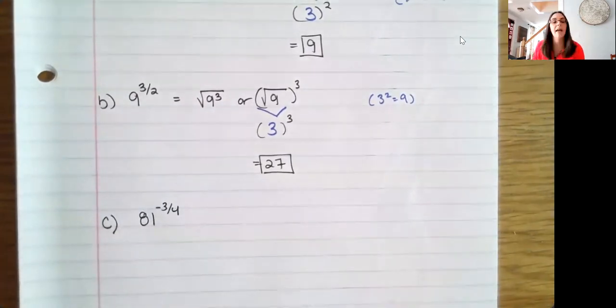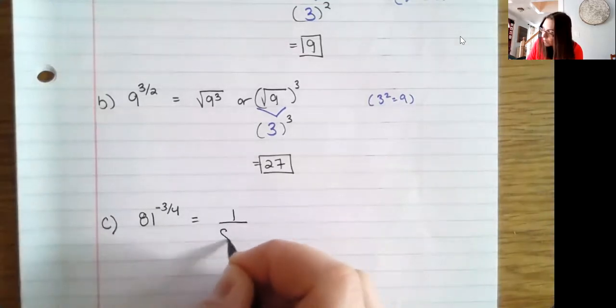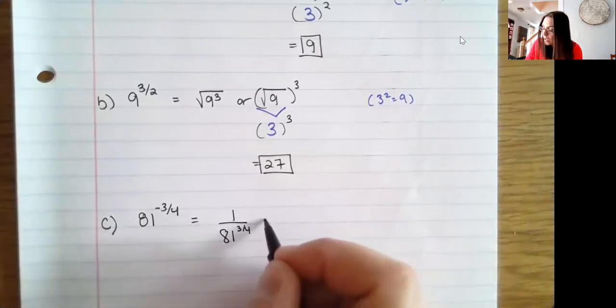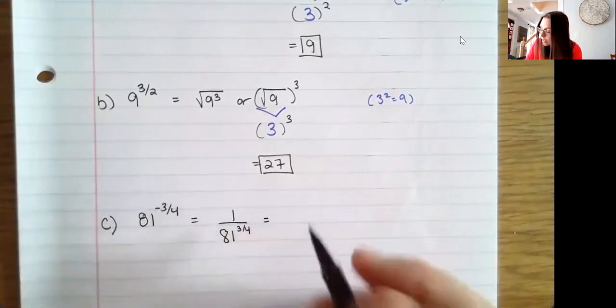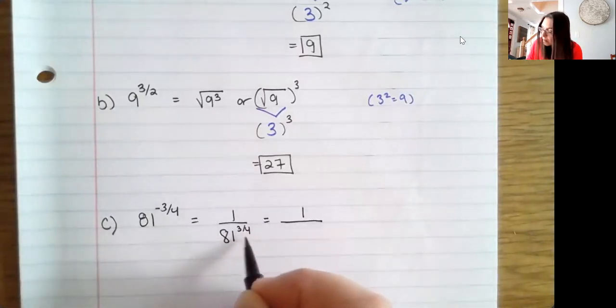Okay. Here I have 81 to the negative 3/4. So before I do any converting over, I do want to get rid of that negative exponent. So I'm going to flip it first to 1 over 81 to the 3/4 power, and then I'll make the change. Make sure you get rid of that negative first here. It's going to be easier for you. And then remember, my denominator is my root.